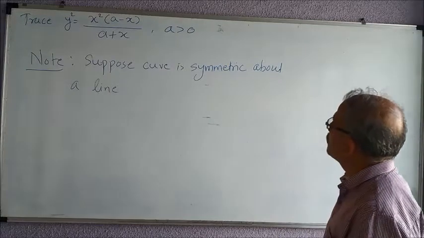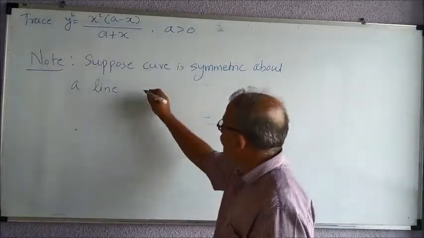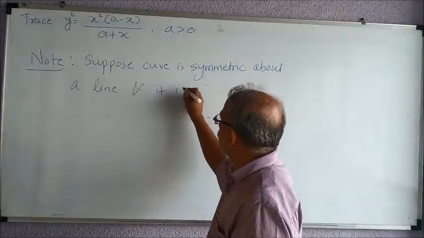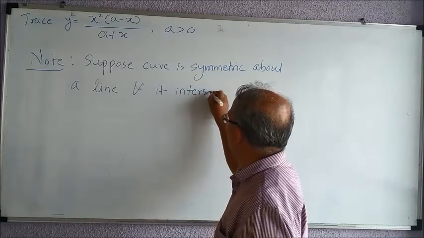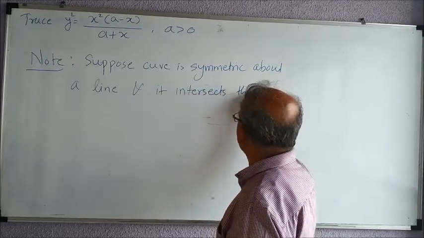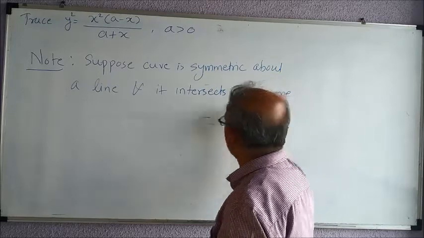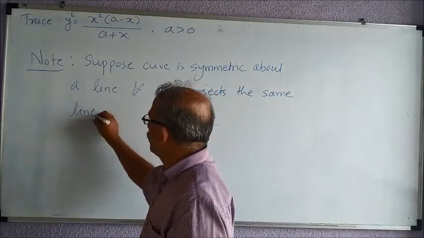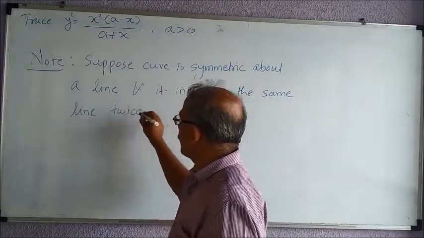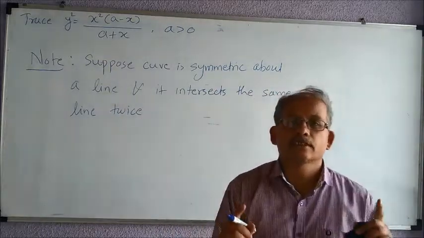So suppose the curve is symmetric about a line and it intersects the same line twice. So at 2 points it intersects the same line.